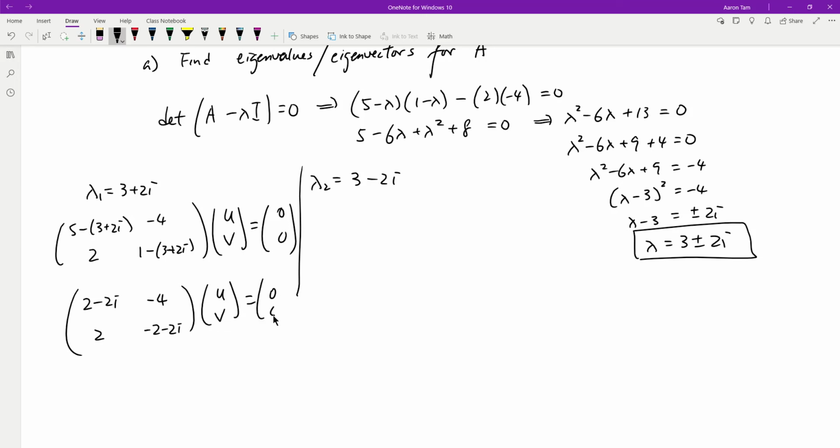One of the tricky things about having a complex eigenvalue is that you will also end up with a complex eigenvector, and sometimes it's hard to see what you need to multiply to actually get it to work. So here, it's easy for me to see what to do with the second equation. So I'm going to write out my second equation.